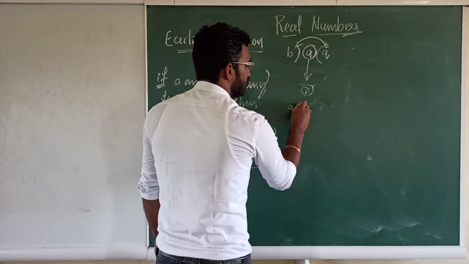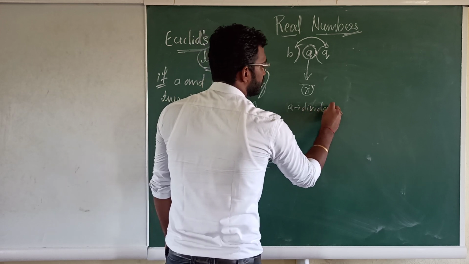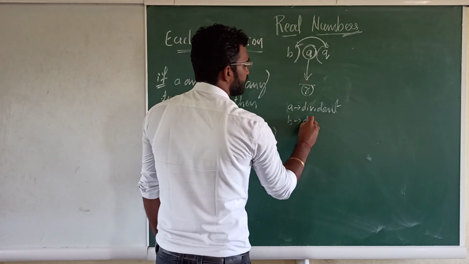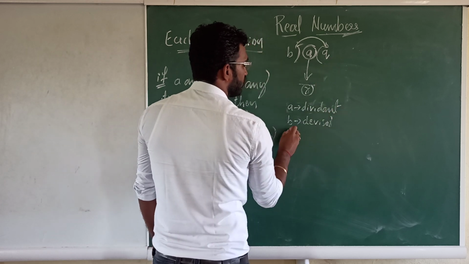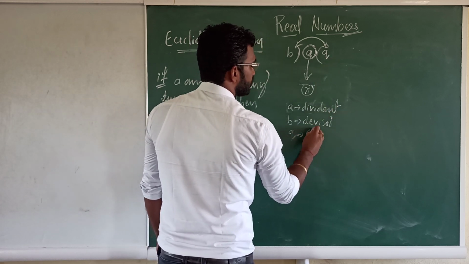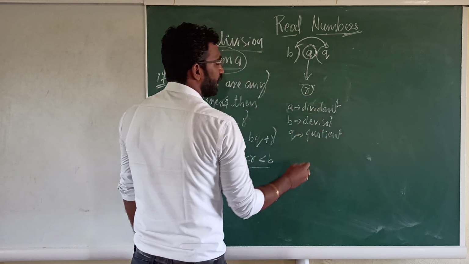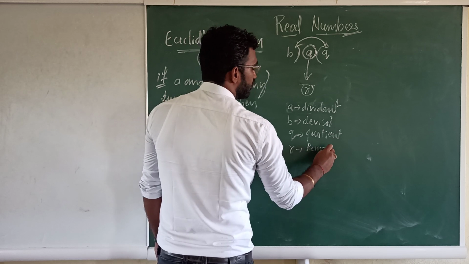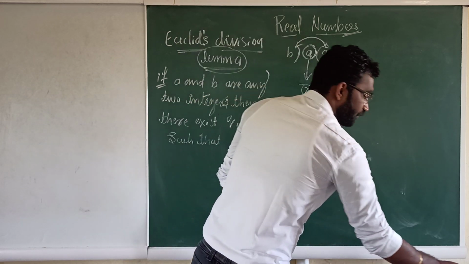This a is called the dividend, and this b is called the divisor, and this q is called the quotient. And this r is called the remainder. Right? So these are the terms.